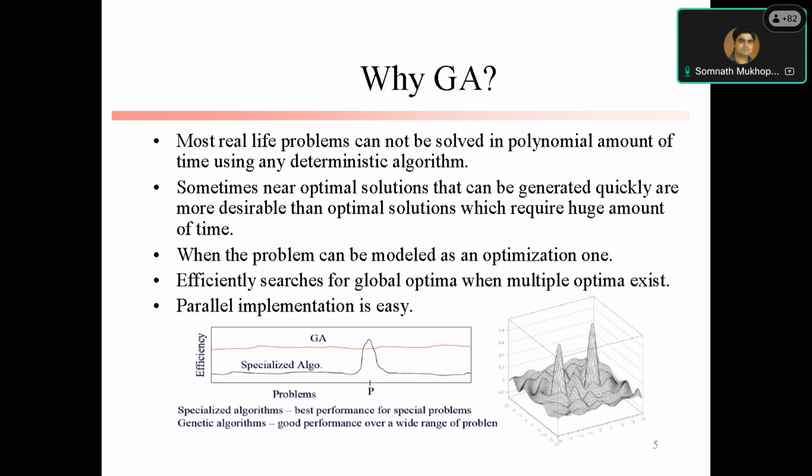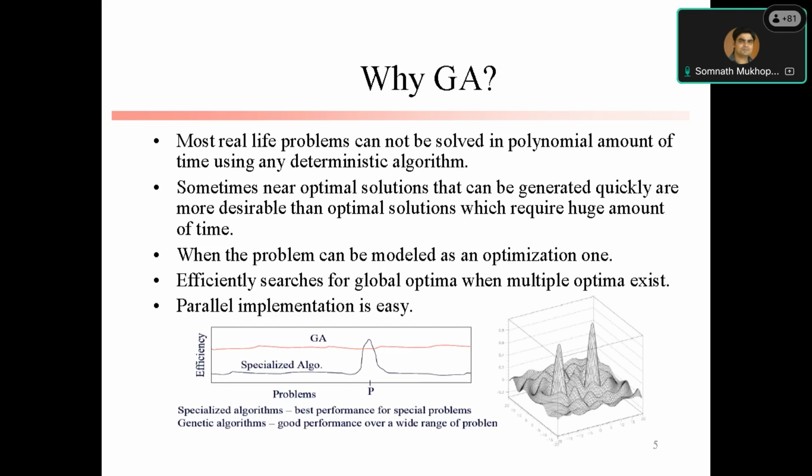So consider a problem like the traveling salesman problem, where one salesman travels many cities exactly once, and we want to find the minimum cost by which he can travel all the different cities. If we consider only 3 cities, there can be factorial 3 different paths.